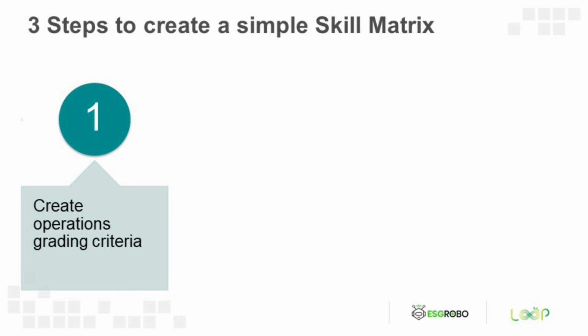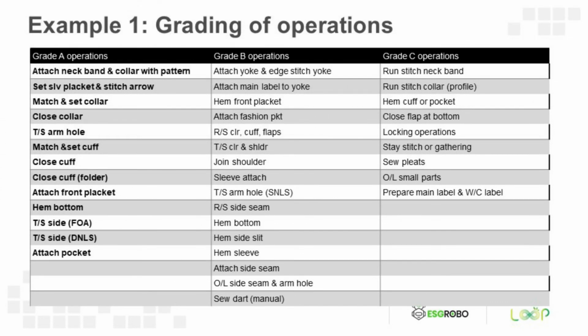For example, a single needle lock stitch machine, or an overedge or semi-automatic machine or flat lock machine, etc. And what is the area of operation in that particular garment. Similarly, some other criteria can be created, but these are the most commonly applied criteria. And based on this, a sort of difficulty level of each operation could be decided.